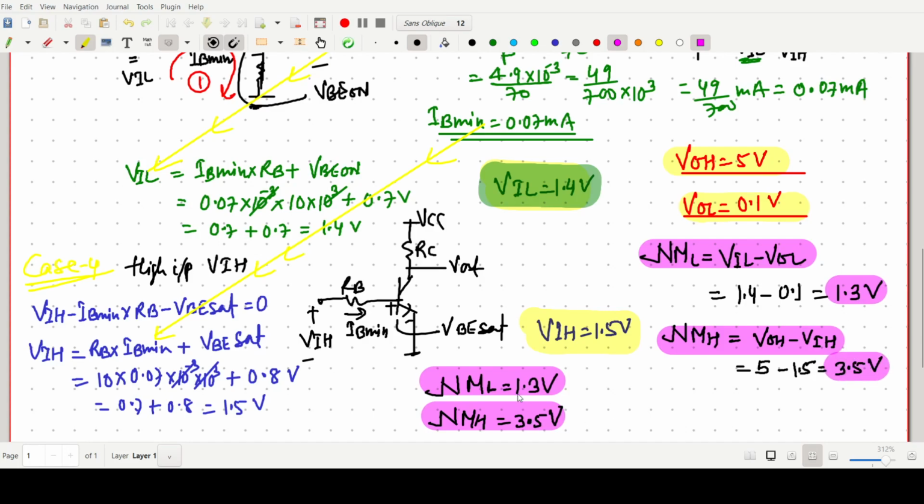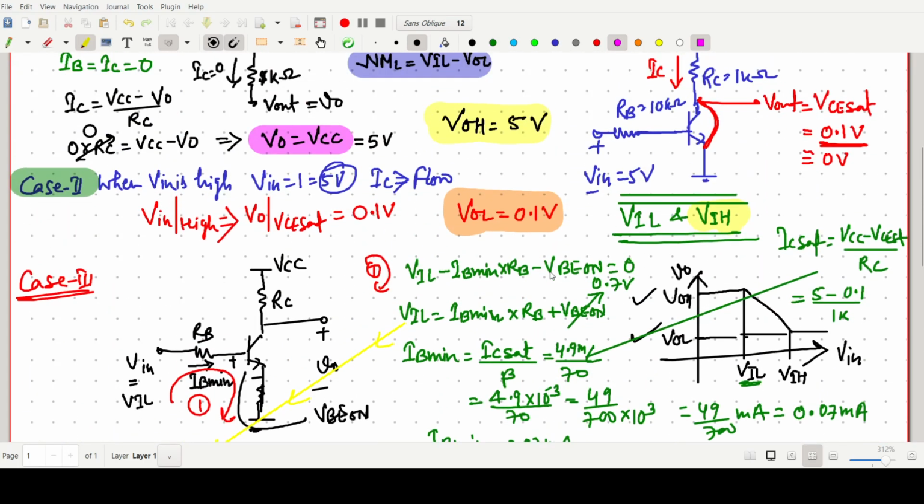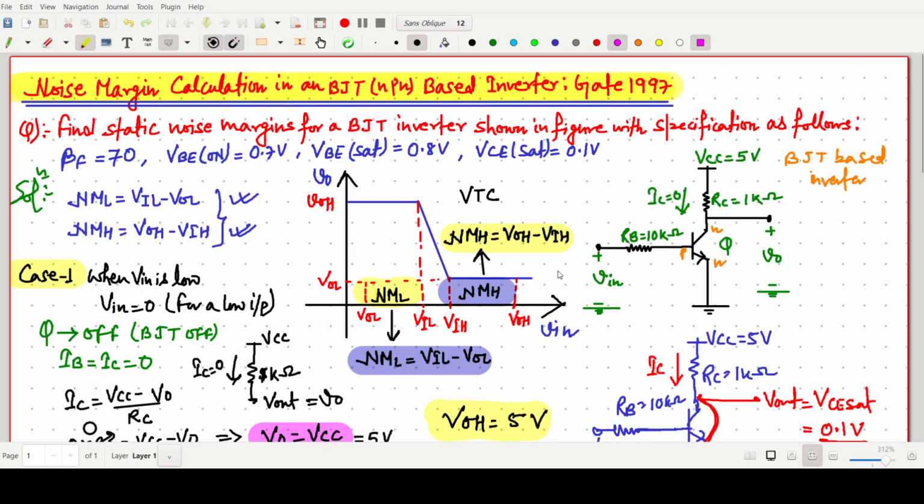So in that way you can solve this type of question by using the BJT concept. We have already found NML 1.3 volt, and NMH 3.5 volt. So this is all about this question.